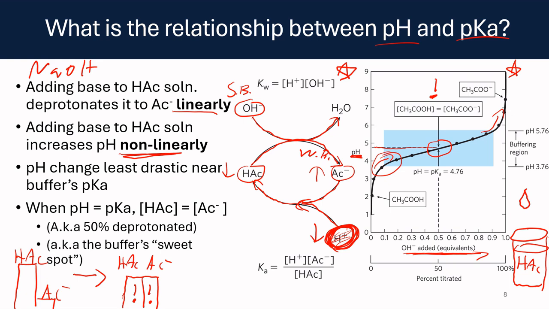And we learned from last slide that the pKa, coincidentally, of acetic acid is also 4.76. So this inflection point, where pH equals pKa, also corresponds to the pH where the protonated and deprotonated forms are equal.